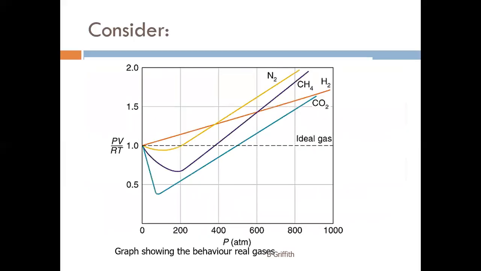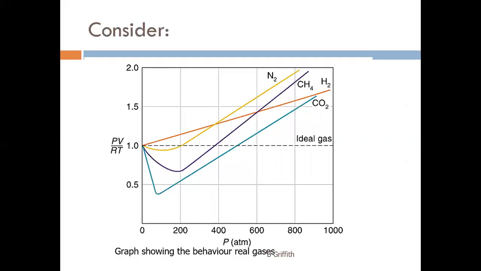So as pressure increases, they have the highest deviation from ideal gas behavior, which is on the top right-hand side of the graph.